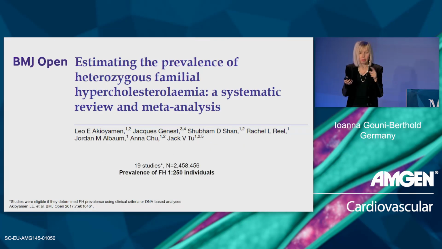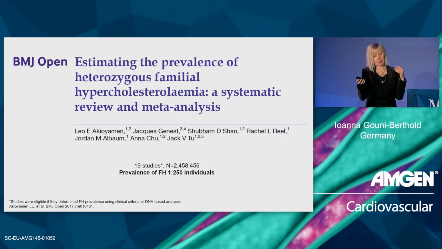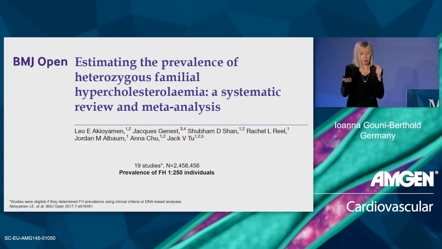And this 1 in 200 was verified a couple of years later after this Copenhagen study that I showed you. They studied 19 studies with more than 2.4 million people and found that the prevalence of FH is 1 in 250 individuals. So not rare at all, actually.